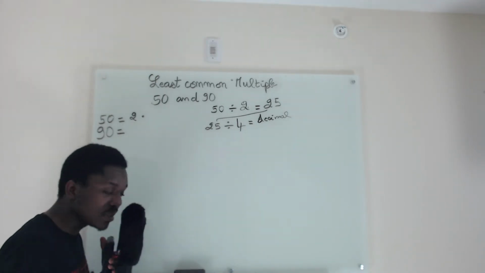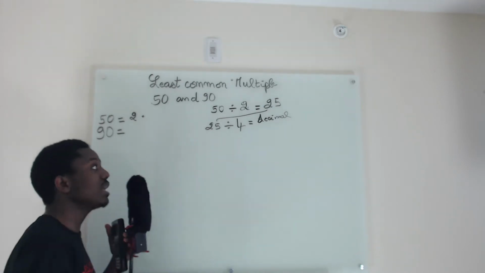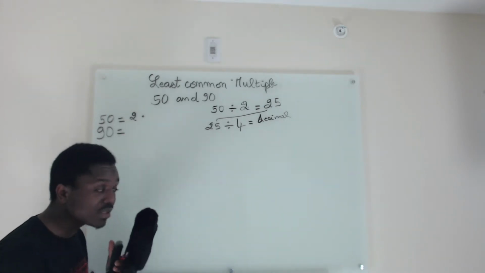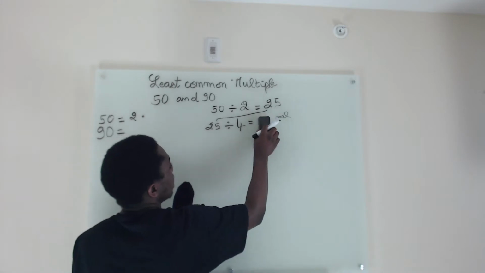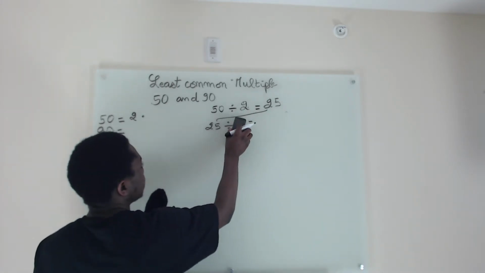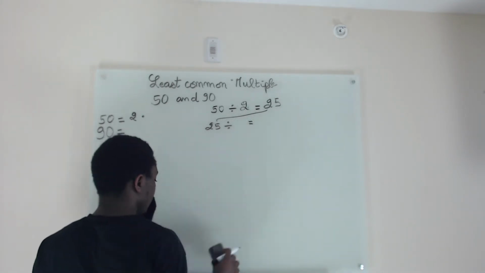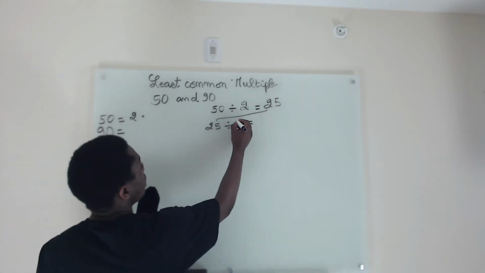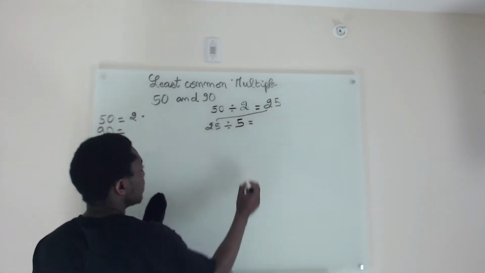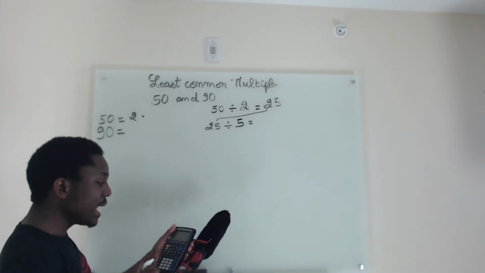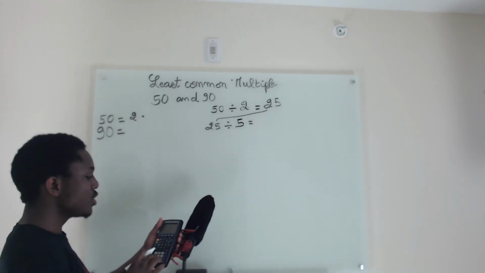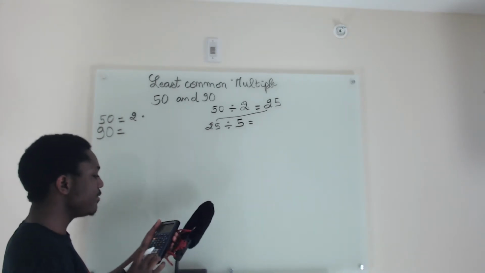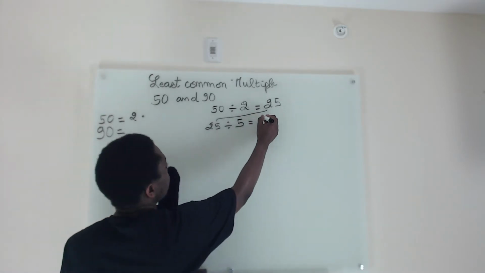Which means the number 4 right here is not good. So I have to change it to the number that comes after 4, which is 5. So I erase this and I put the number 5. And I take my calculator again. 25 divided by 5 is 5.